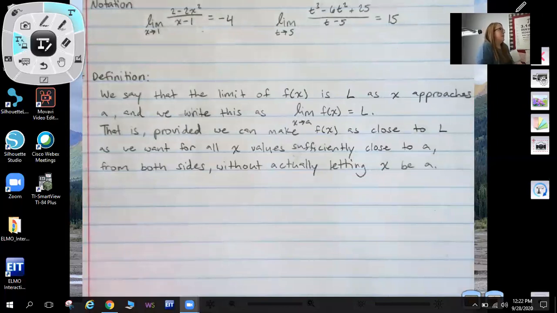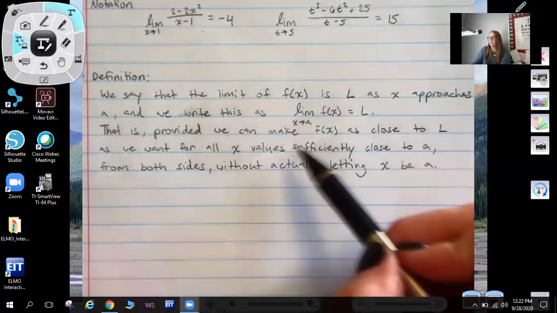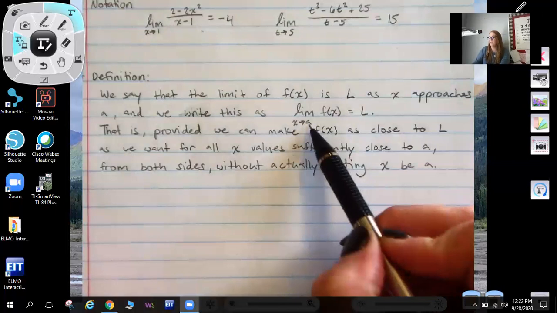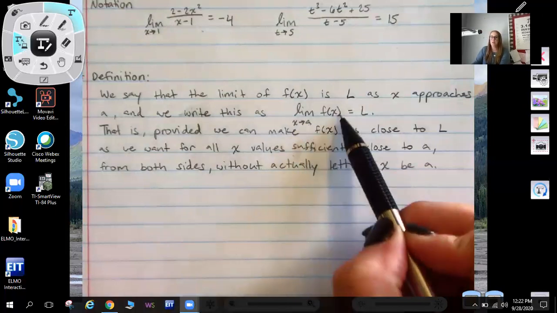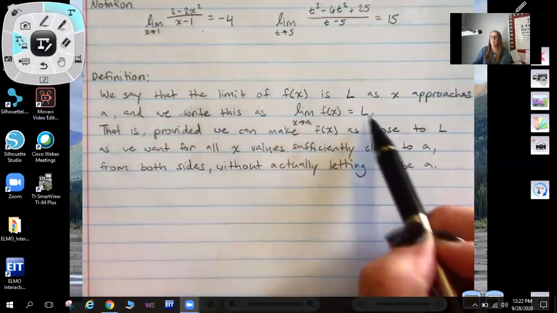Basically, all this is explaining is the chart that we've been doing in examples, where we took values that got closer and closer to the x value that we were given. And the values that we saw come out of that were getting closer and closer to a specific number. All this is saying is that when we plug in numbers that get closer and closer to our x value, it should be getting closer and closer to our limit.